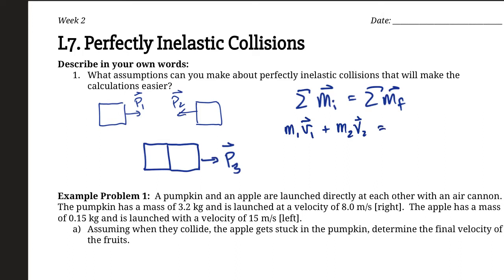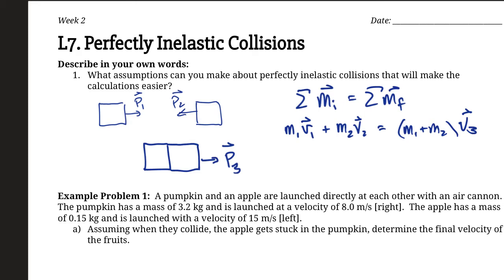Now, the thing to realize at the end is that we have two masses that are now stuck together. So in order to calculate the momentum of that, we can add up the masses. So we can look at it as m1 plus m2 times that final speed, combined. The only things we need to know are the initial masses and initial velocities, and the final combined mass and final velocity, and we can solve for some stuff.